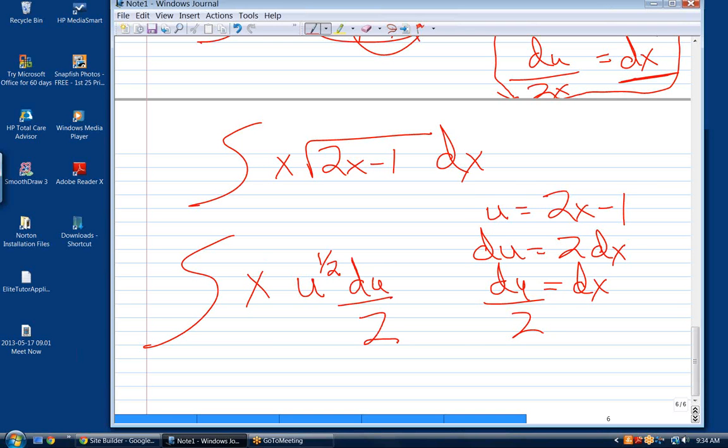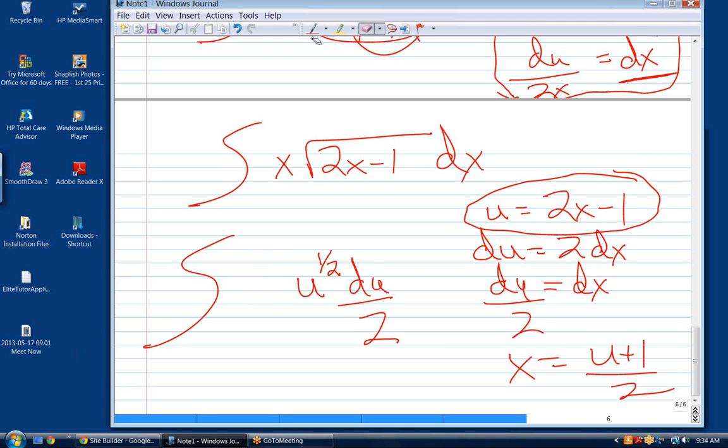But in this situation, I can solve for x in terms of u. x is equal to u plus 1 divided by 2. So I'm just going to substitute that for x. u plus 1 divided by 2.